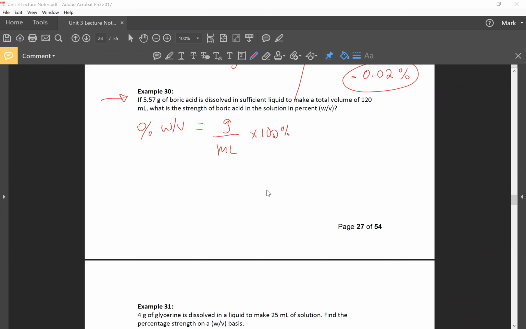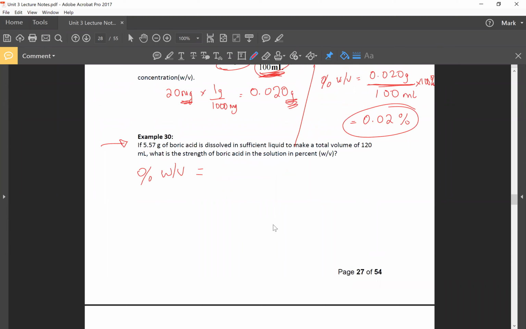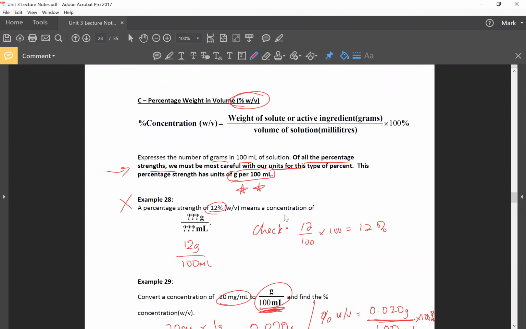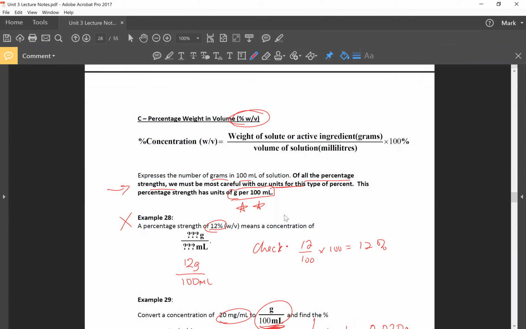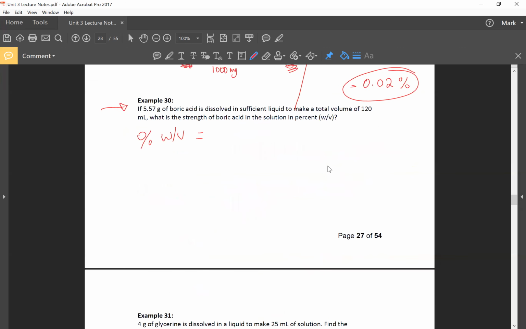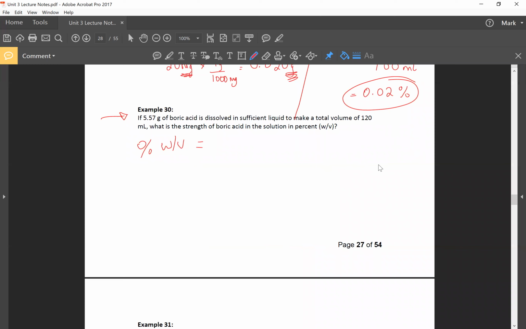So yesterday I mentioned for you guys to try example number 30, and the formula is pretty straightforward for this calculation. It's the percent concentration in terms of weight and volume. So you take the weight of the solute or active ingredient and then divide it by the volume of solution in milliliters.